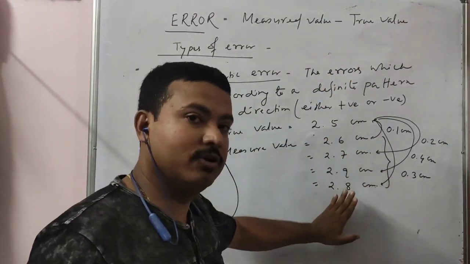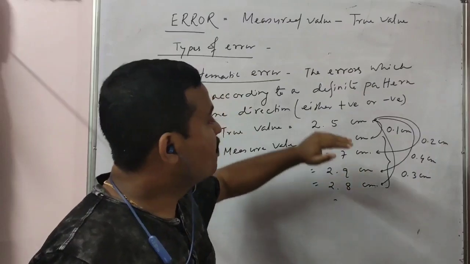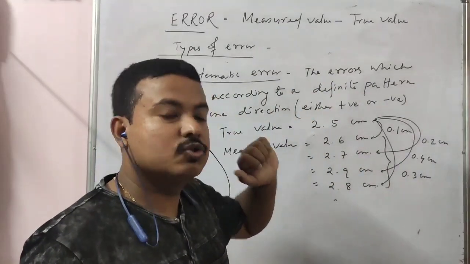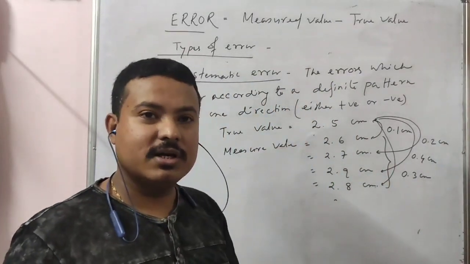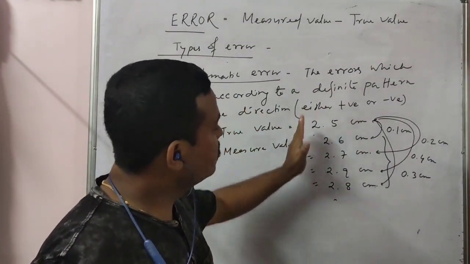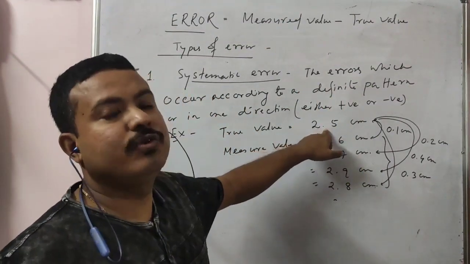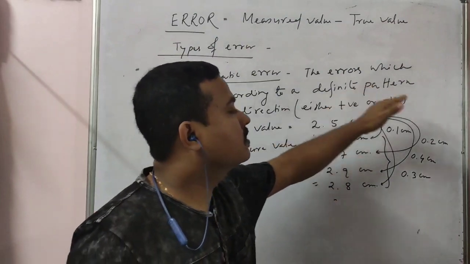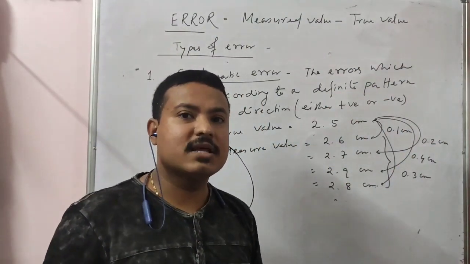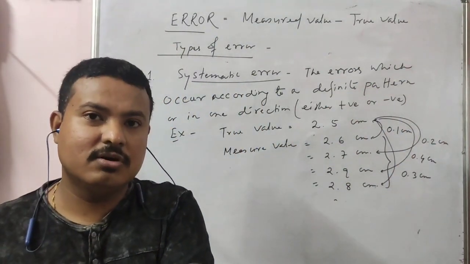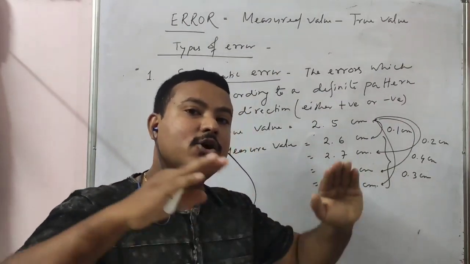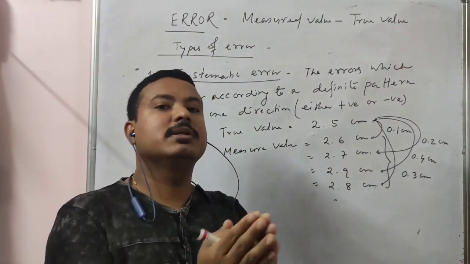Means all the measured values must be greater than the true value, so that errors are positive, or all the measured values will be less than the true value, so that errors will be negative. Either the errors are positive or negative, but cannot be a combination of positive and negative.